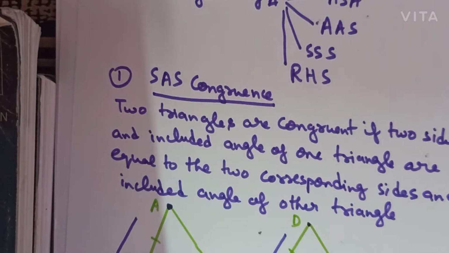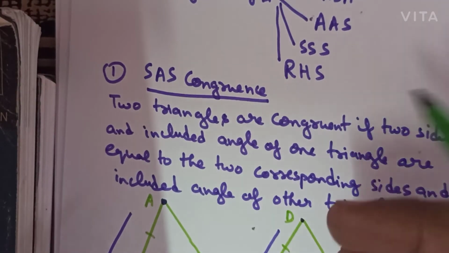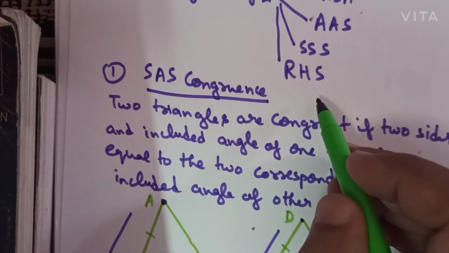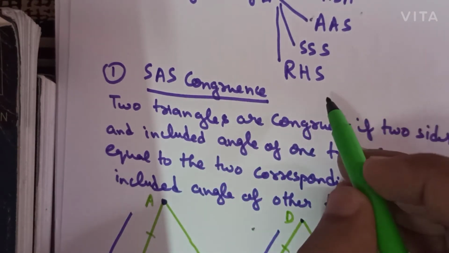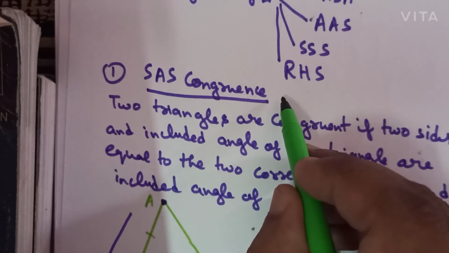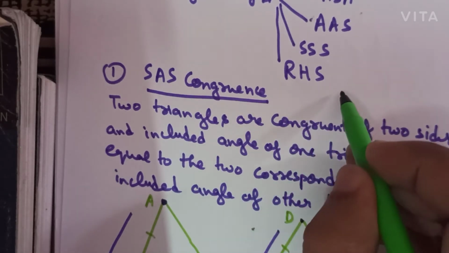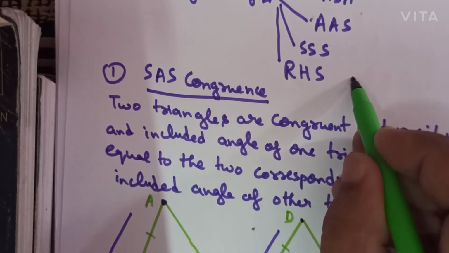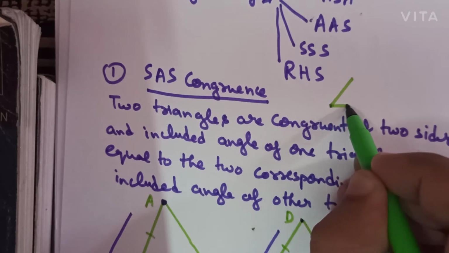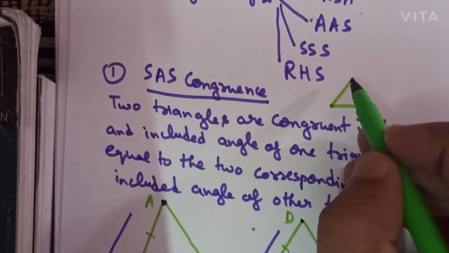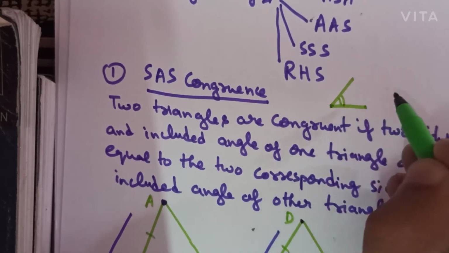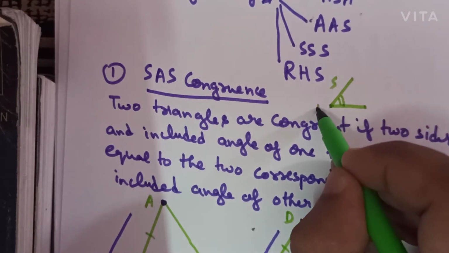So before moving to the next congruence condition, in short, just for your understanding, I am drawing this thing, that is side angle side. SAS.